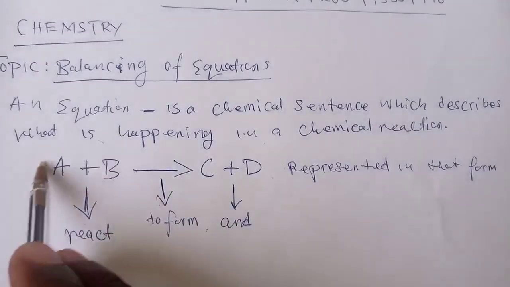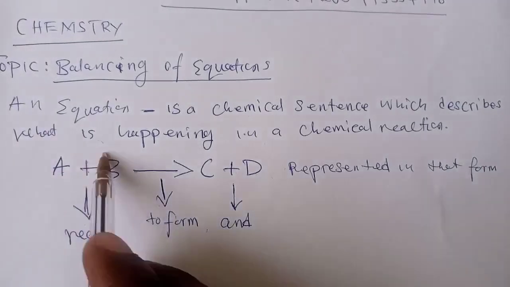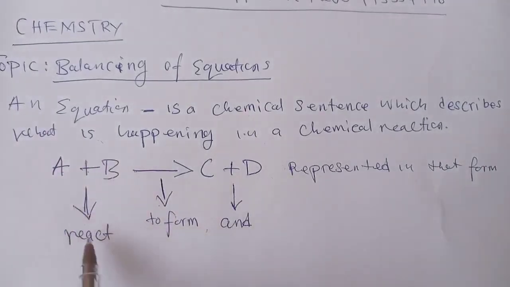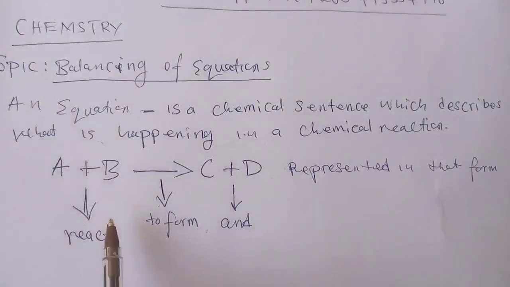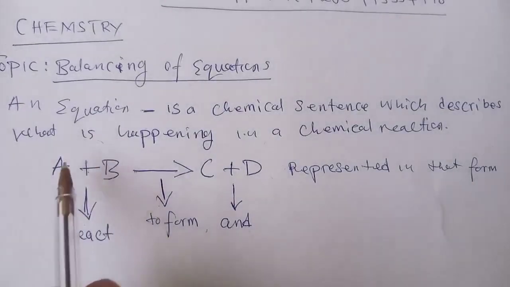So another definition of the reactants: reactants are substances that take part in a chemical reaction at the beginning of the chemical reaction.